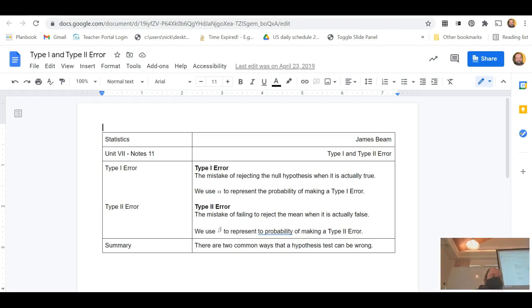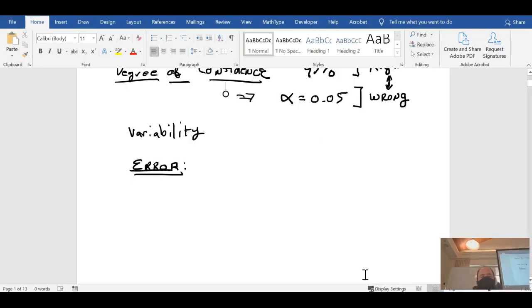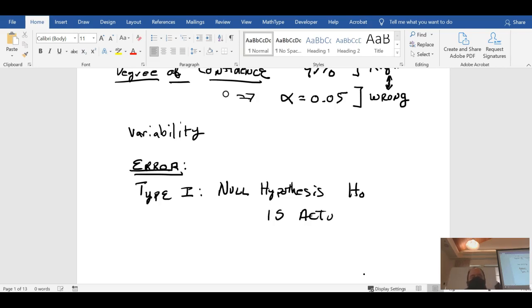All right, so the big key here is that in order to get a type 1 error, which is the more common one, the one that we most worry about, the null hypothesis, H null, starts off as true, is actually true. And the test says it's false.